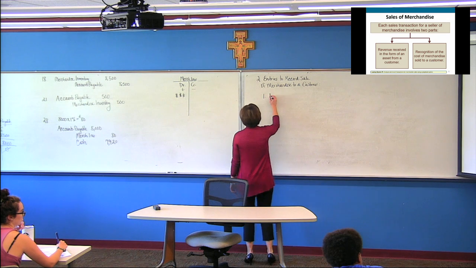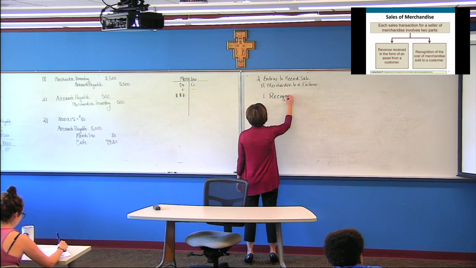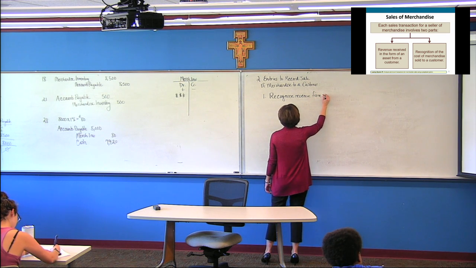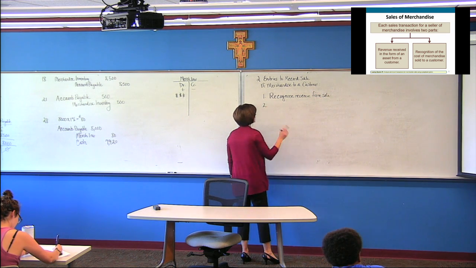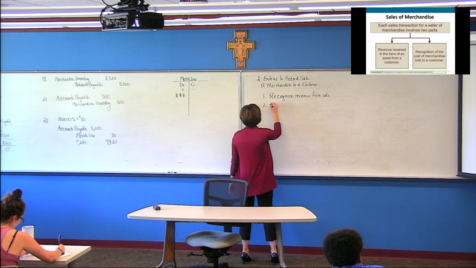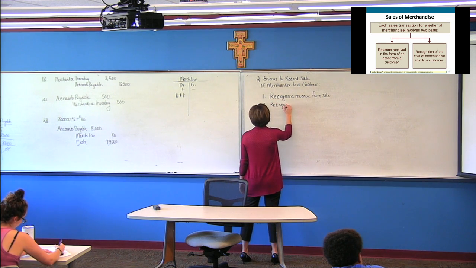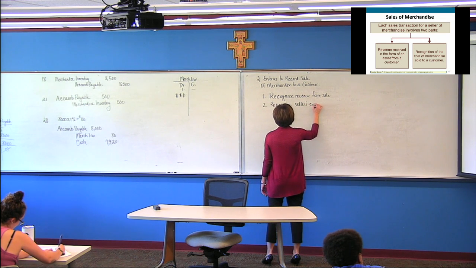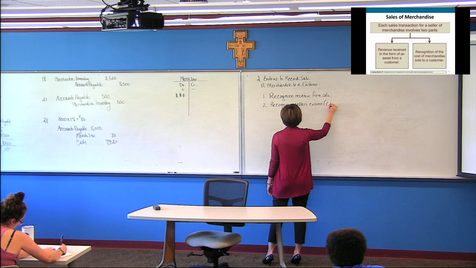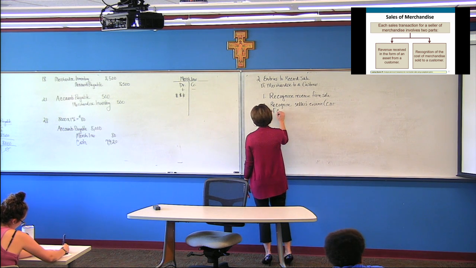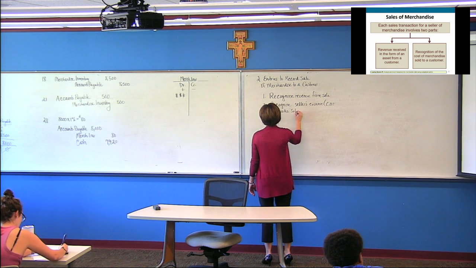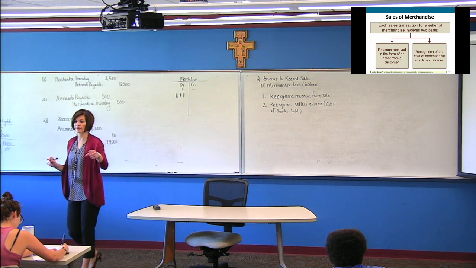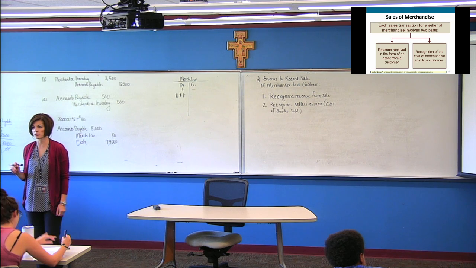So the first one is to recognize the revenue from the sale, and the second is to recognize your expense. So recognize the seller's expense. That seller's expense is called cost of goods sold, because didn't I have to buy that inventory first before I could turn around and sell it to my customer?